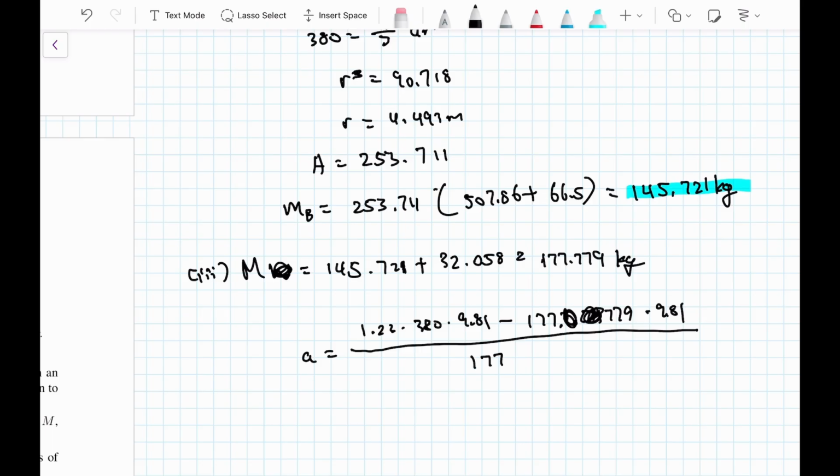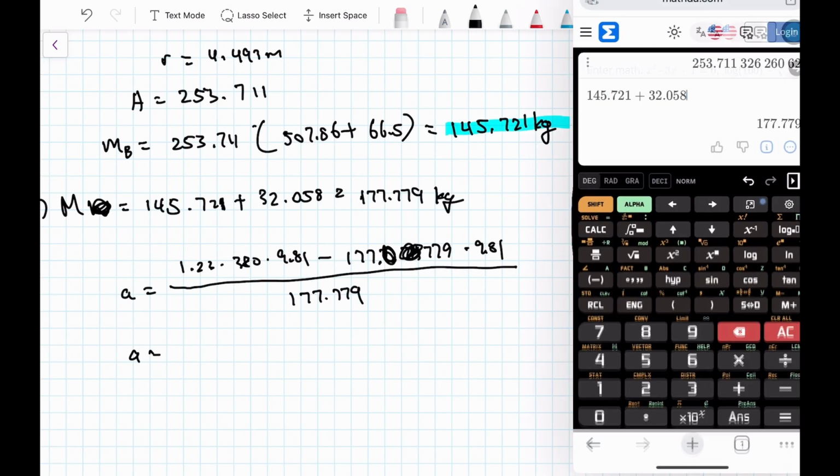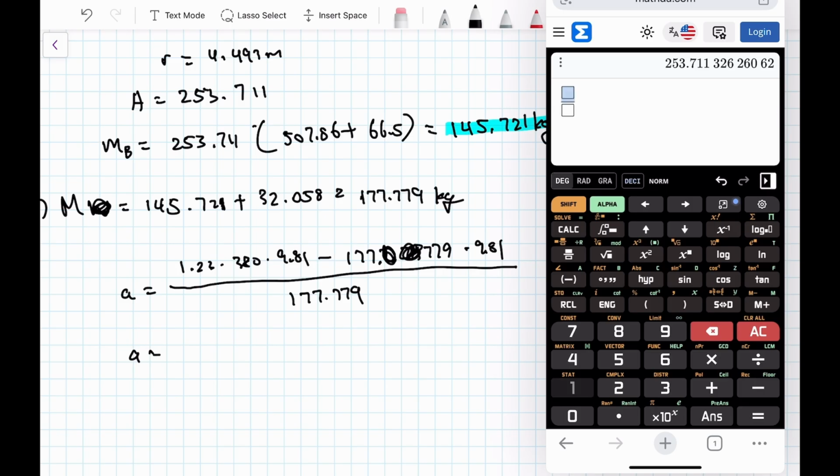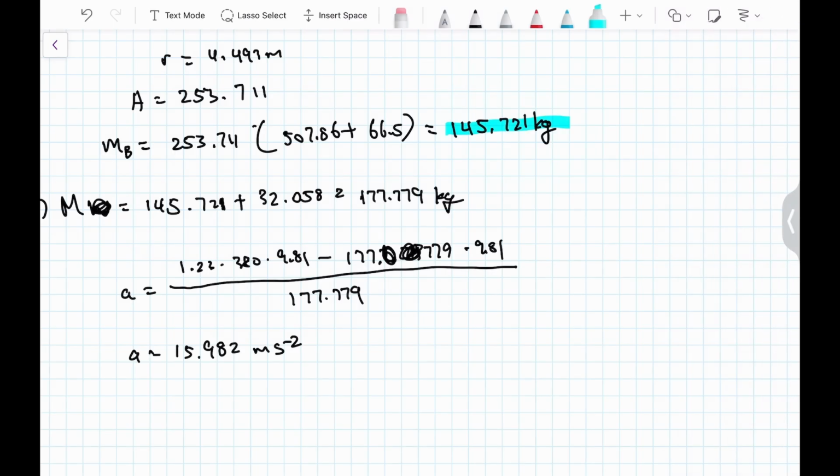So the initial acceleration should be equal to 1.23 times 380 times 9.81 minus this, over 177.779, and that gives us 15.982 meters per second squared, and that should be the answer to the question.